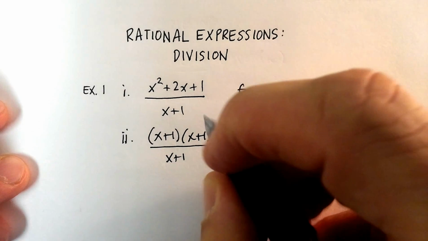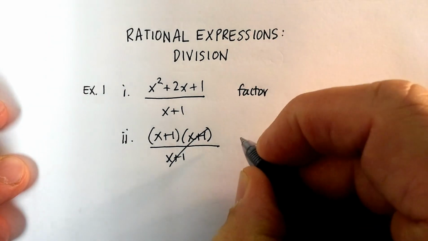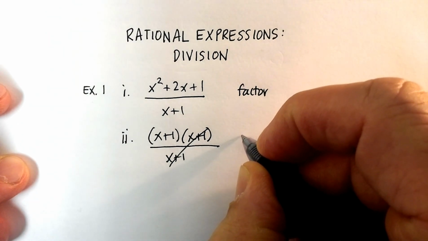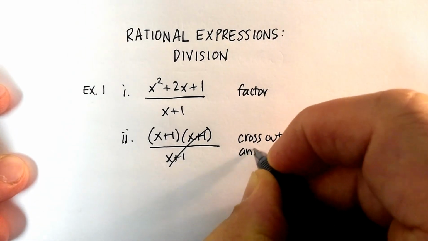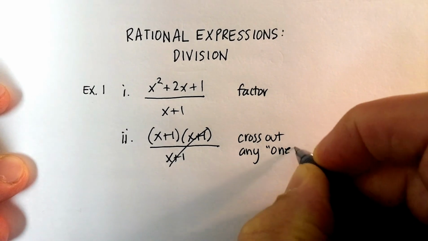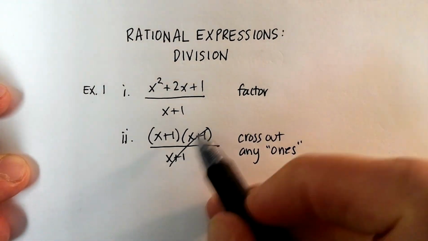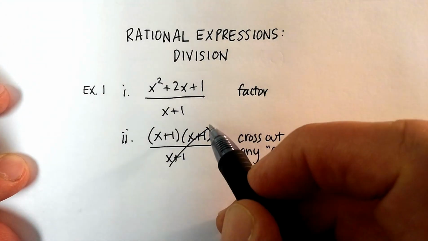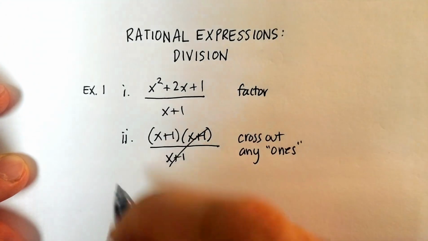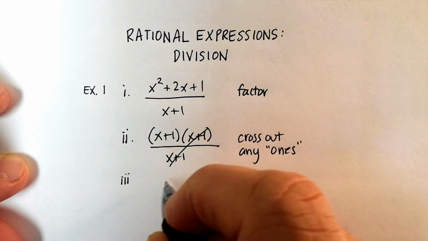And then what you do is that you cross out or factor out any ones. So let's just say cross out any ones that result. Okay, for example, x plus 1 over x plus 1 is a 1, so it doesn't really need to be needed. You're left with x plus 1 as your final answer.